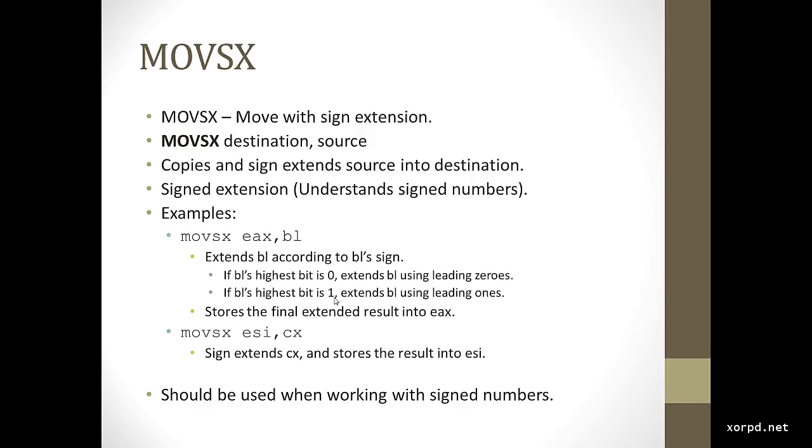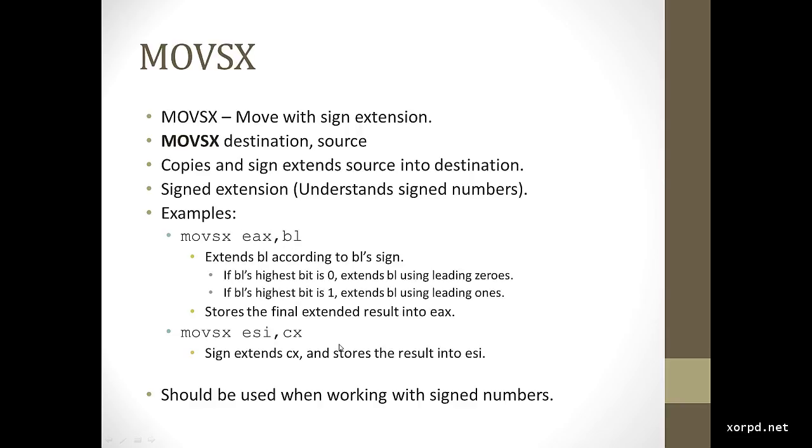This instruction, move SX, actually understands signed numbers. Let's look at another example. Move SX, ESI, CX. This one extends 16 bits into 32 bits. I remind you that the previous example extended 8 bits into 32 bits.